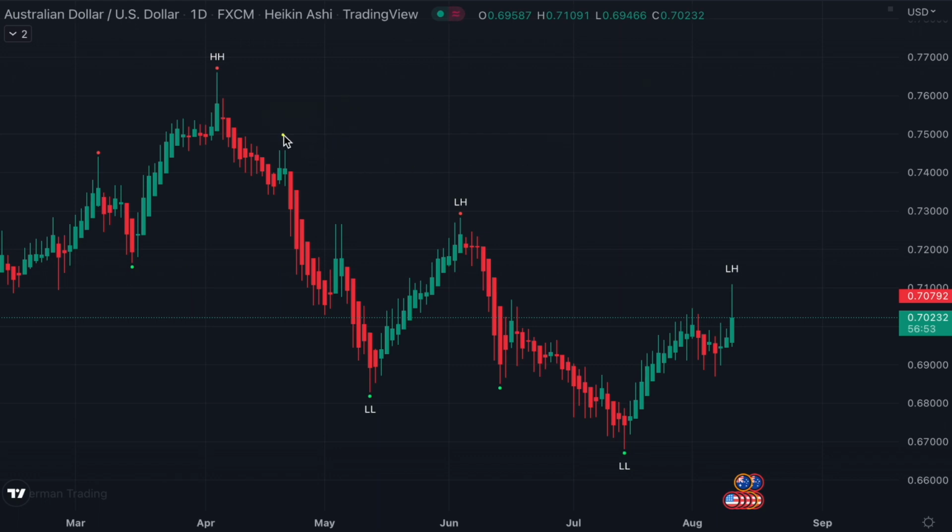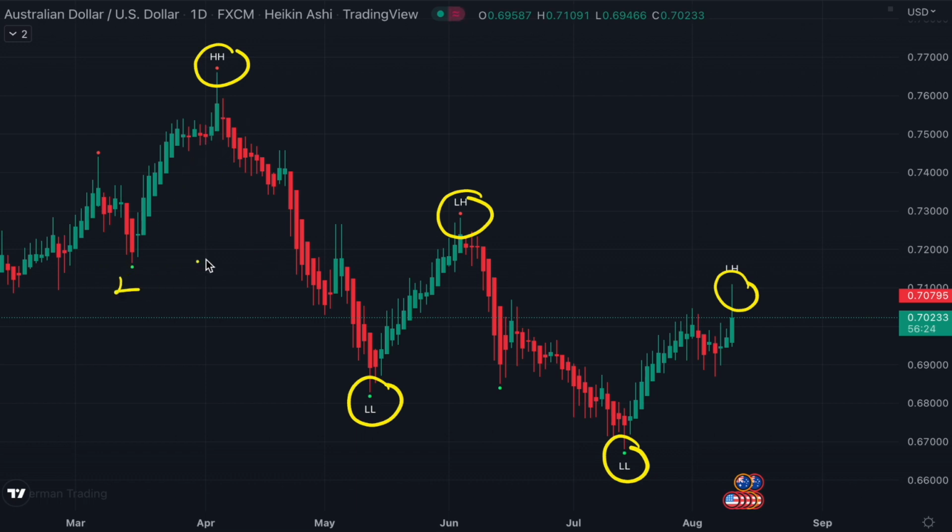Okay, now let's consider a real world example. This is the Australian US dollar chart. This is the daily chart. We have a higher high over here, a lower low over here, a lower high over here, lower low over here, and another lower high over here. This is still in the making. This was the previous low, and here we have a break of structure.